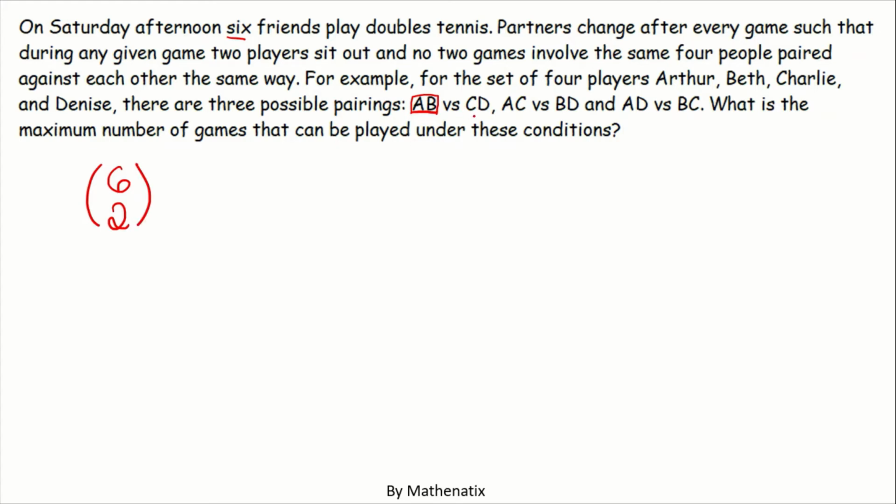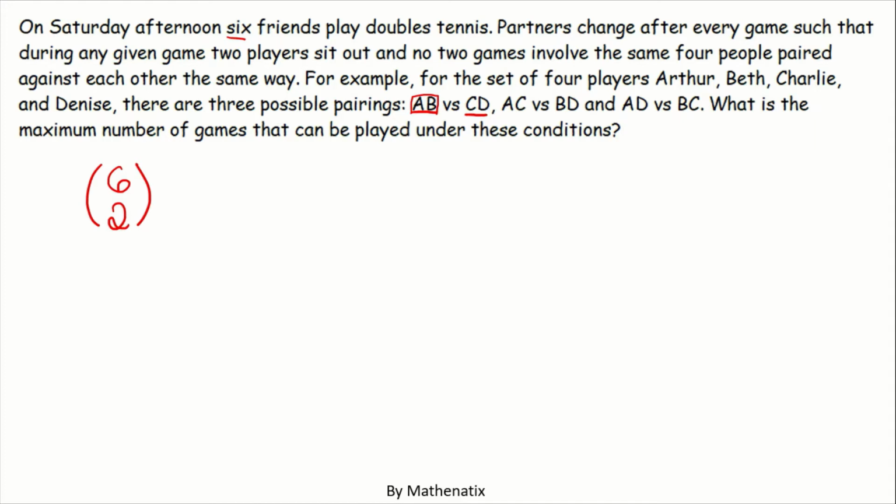So let's try choosing our second team right here. Now you may think that it's 6 choose 2, but remember, we've already chosen 2 people to be in the first team. And according to the problem, those 2 people can't also be in the second team. So in reality, we only have 4 people to choose from.